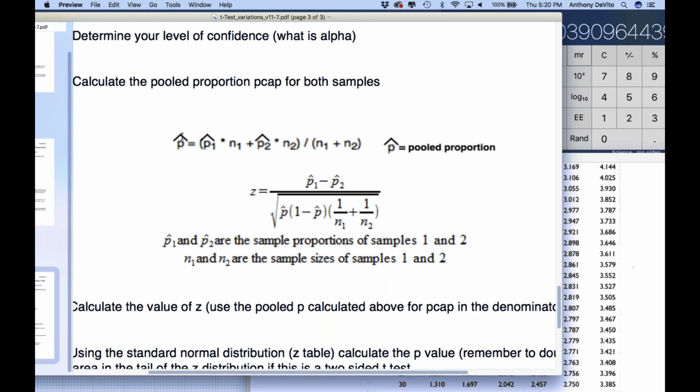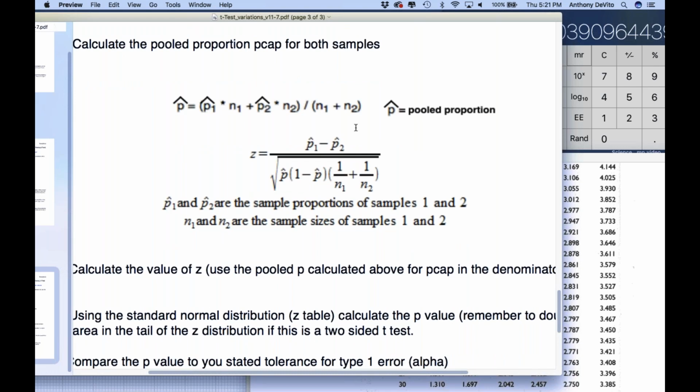P cap is a pooled proportion, which is the proportion 1 times the size of sample 1 plus proportion 2 times the size of sample 2, divided by the total number of people in that group. It's really the weighted average of the two proportions. That would give you your standard error, and you divide that into the difference between the two proportions.